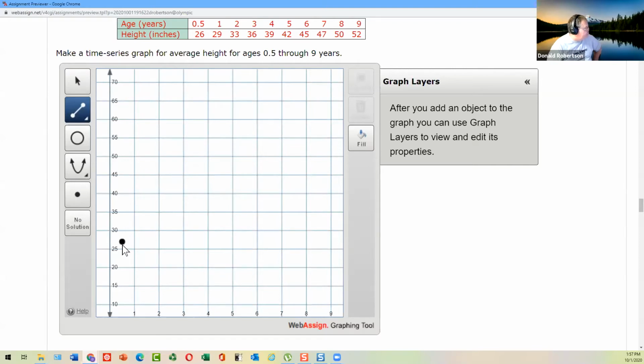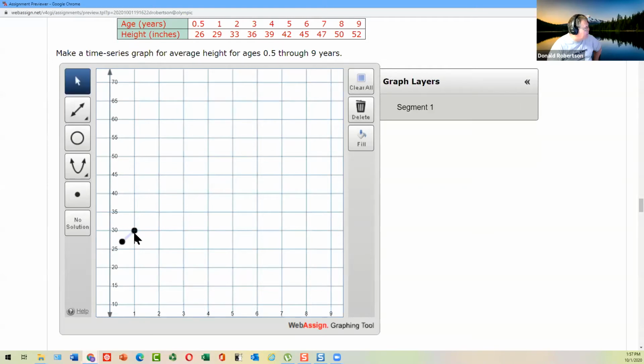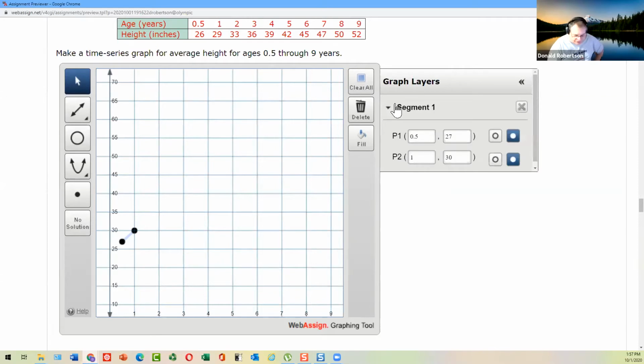and then the next number is 1 and 29, and I'll hit a dot. Now, do you see those two are joined together as the beginning of my time series? I'm now going to go over here to segment 1, and when I click on it, it's going to tell me where I was. Well, do you see I was a little bit out? I thought I was hitting 26, but I was really hitting 27.